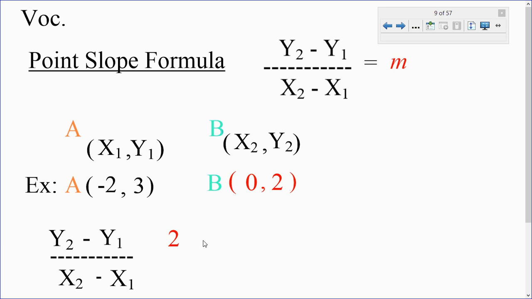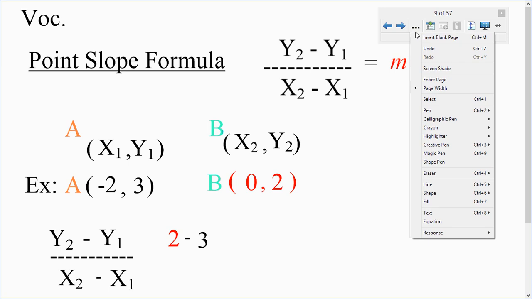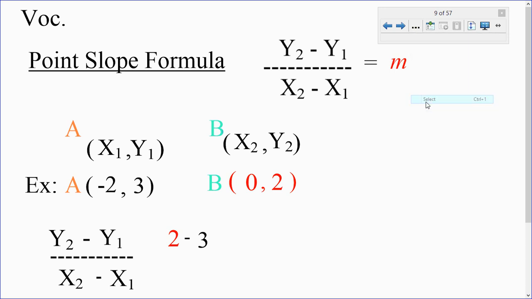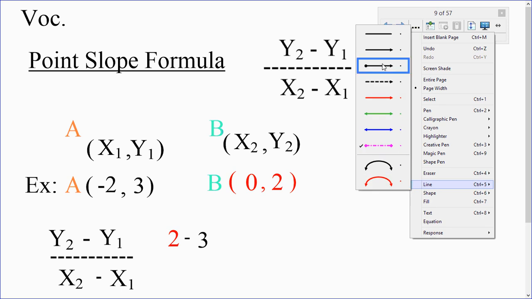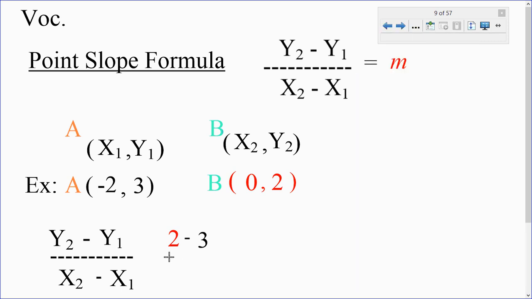So I'm going to call this my y2, which is the value of 2, and then I'm going to minus my y1 value. And that's going to be my change in the values of the y coordinates. That's going to be over, and let me get my line tool to draw a little line, the black one.